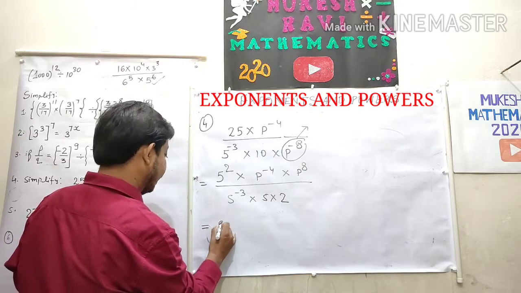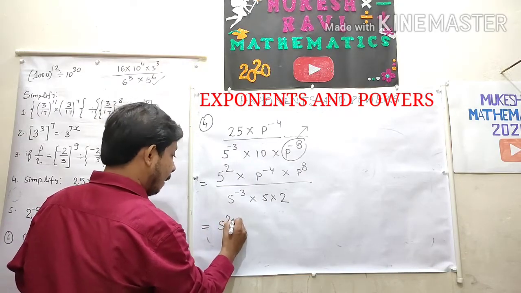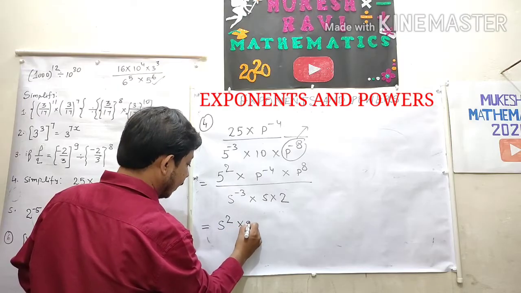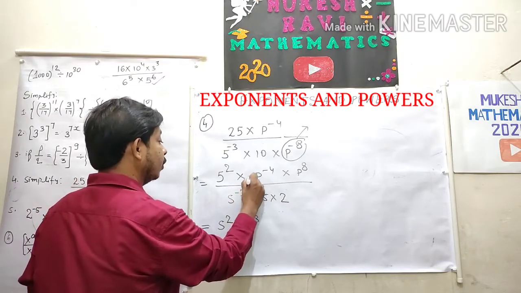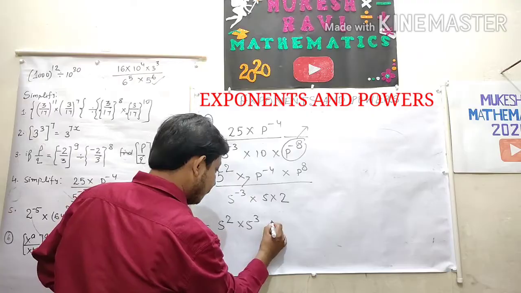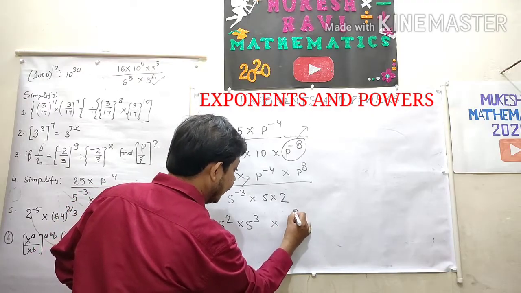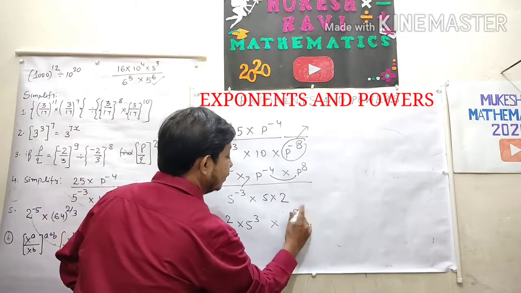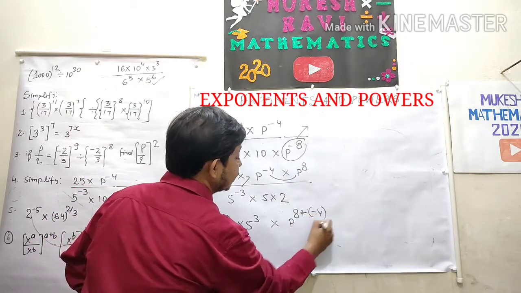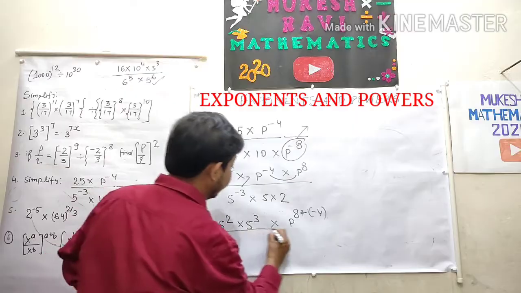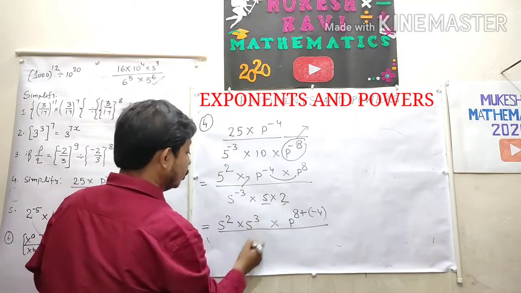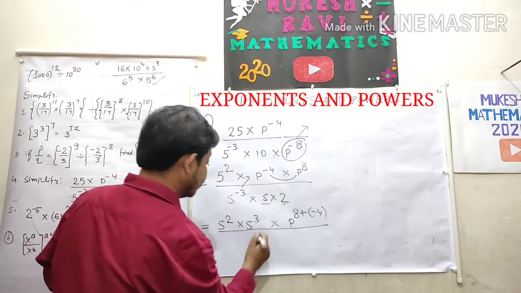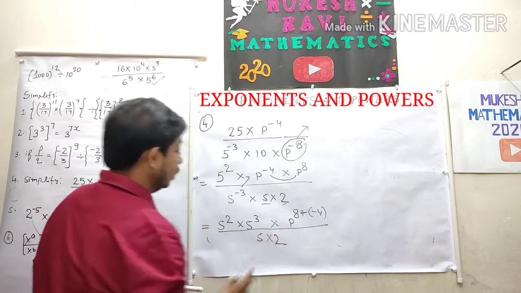Now 5 to the power 2 into 5 to the power 3, this 5 will go up, multiplied by p to the power 8 minus 4. When the base is same, power is added. So added means plus, and this is minus 4. So plus minus minus 4, and divided by 5 into 2. Because this is 5, this is 2.